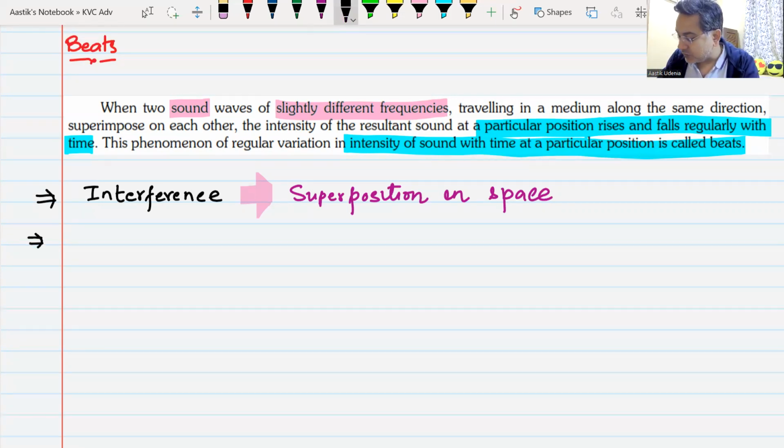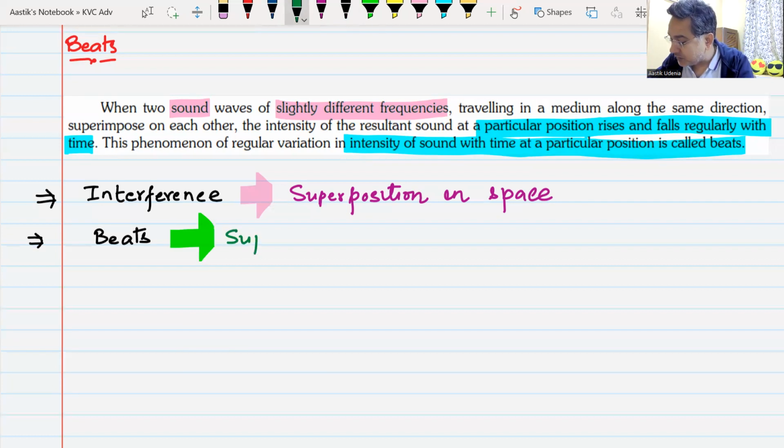Whereas whenever we talk about beats, at the same point, you might get maxima, and after some time, you will get minima. So beats, we call superposition in time. Do we understand the difference?